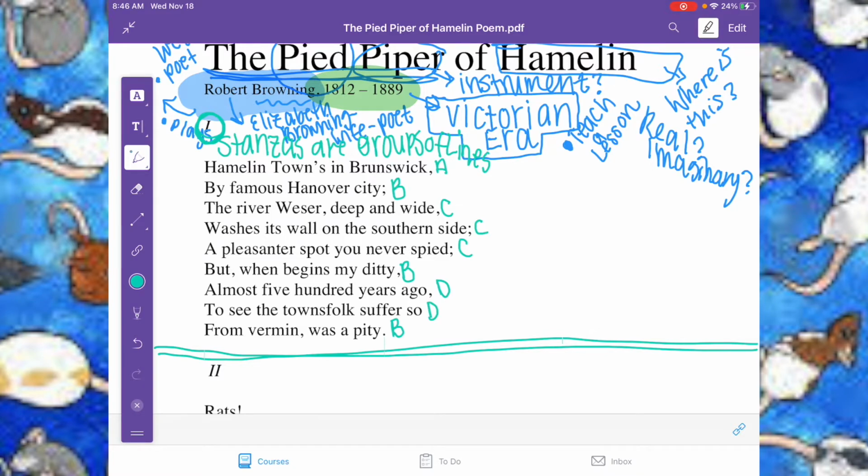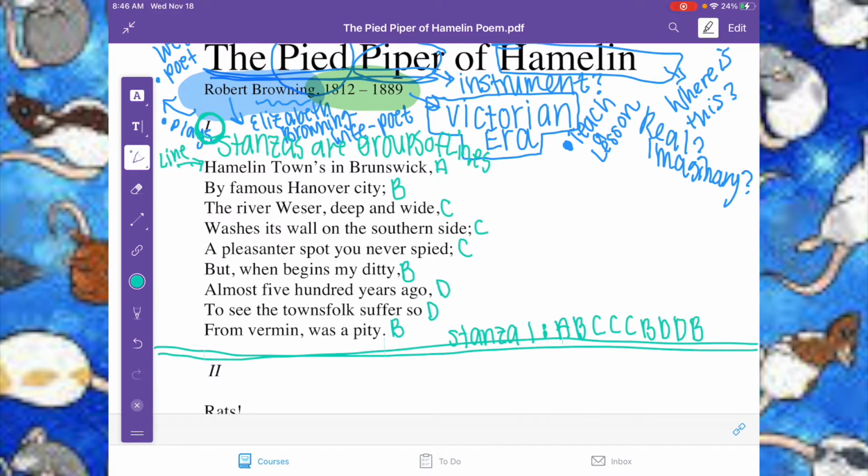So our rhyme scheme for stanza 1 is going to be A, B, C, C, C, B, D, D, and B. That's our rhyme scheme. Okay, so let's see what else we have here. Let's label a line. This is a line, looking at poetic elements.